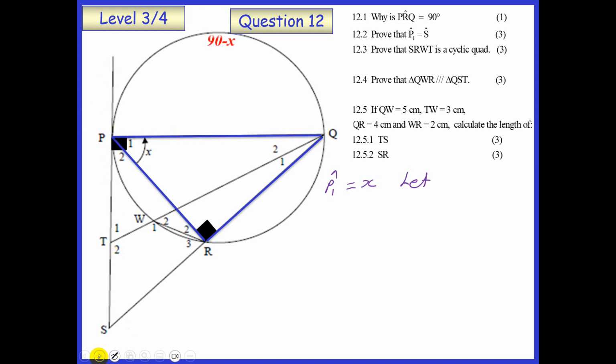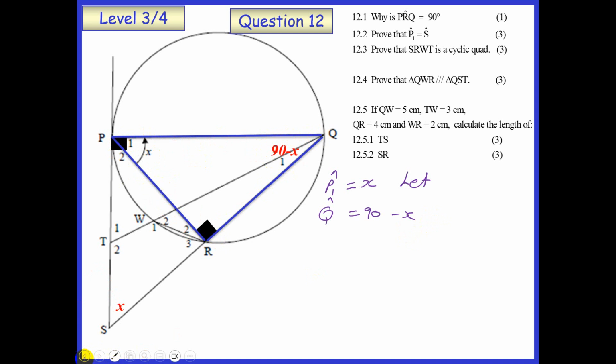But very important for us to pick up now is that angle Q is actually equal to 90 minus X. And that is because if you look at the triangle PRQ, these three angles have to add up to 180. We have R is 90, X, therefore Q is equal to 90 minus X, and we're going to say sum of angles of a triangle.